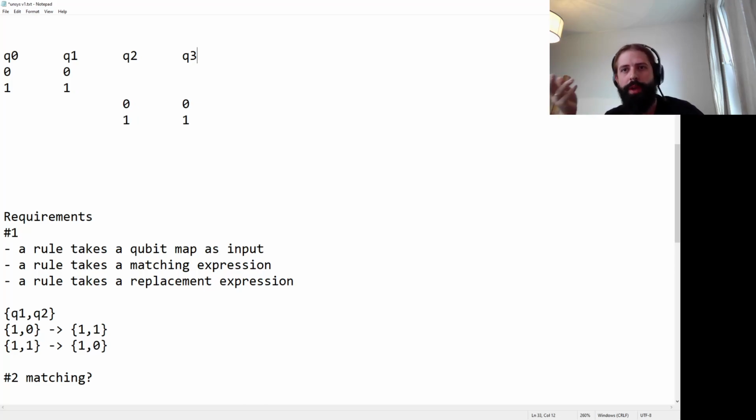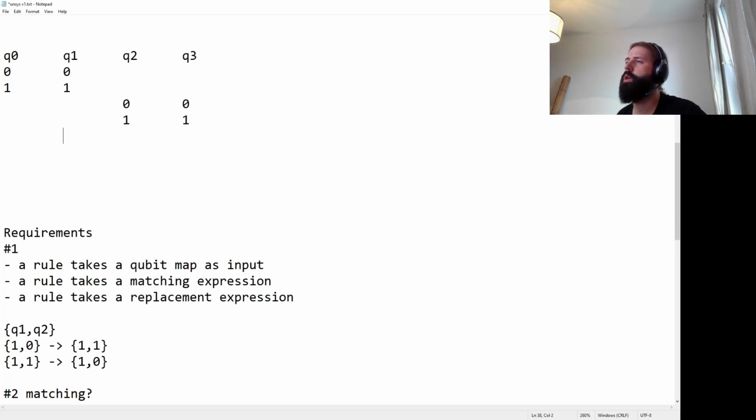I think there are 2 ways that one could go about it, right? So one could just say we're going to create 2 new hyper edges. No, why?